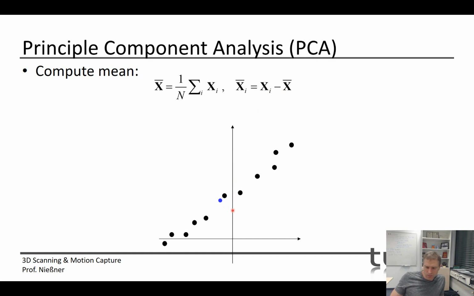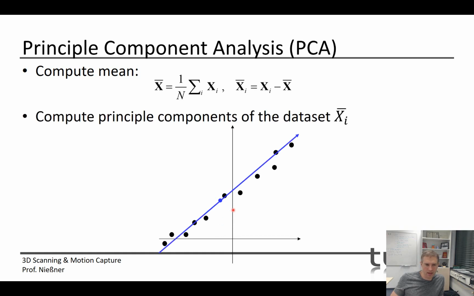And then we compute the principal components of the dataset. What does a principal component mean? Well, we're basically trying to find the vector where we have the highest variance along the vector, right? Along this direction here, there is the highest variance across these points. In the context of our face meshes, that means there's the most variation in the poses here.